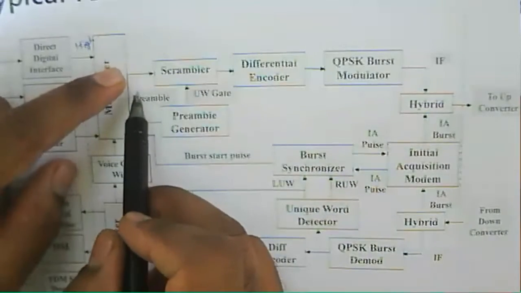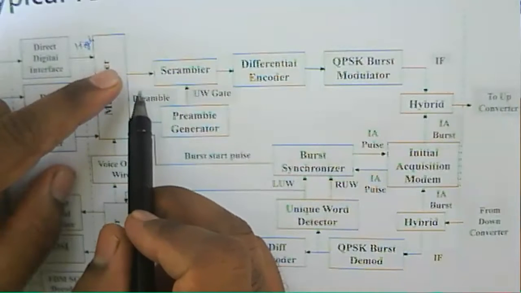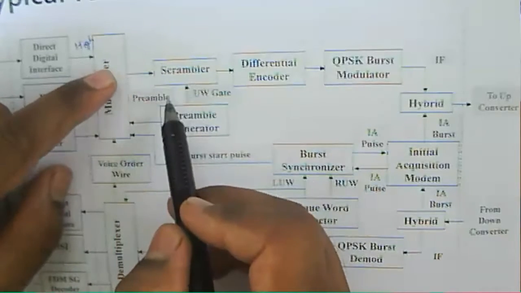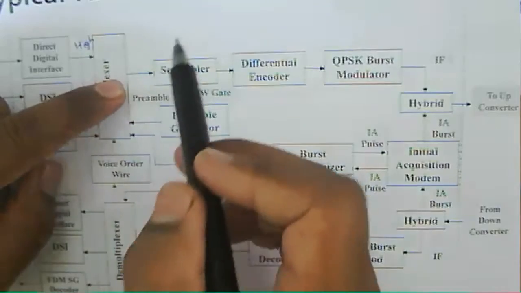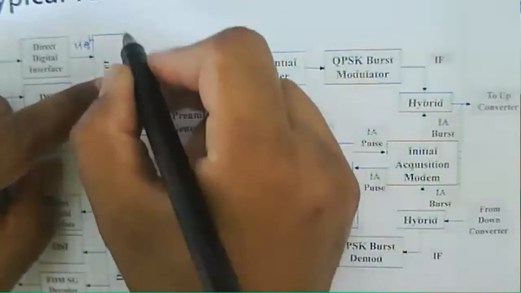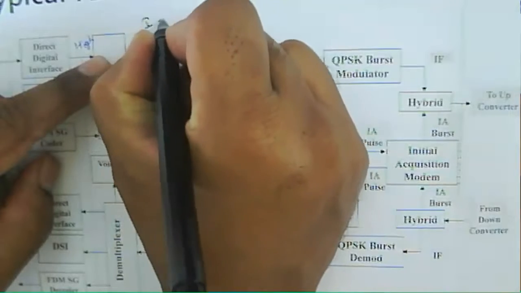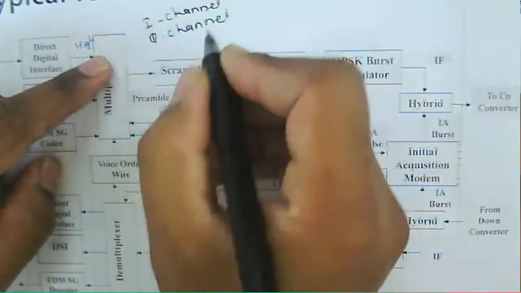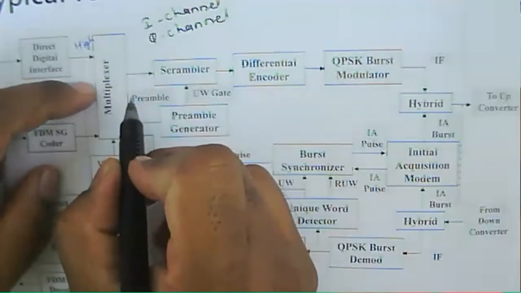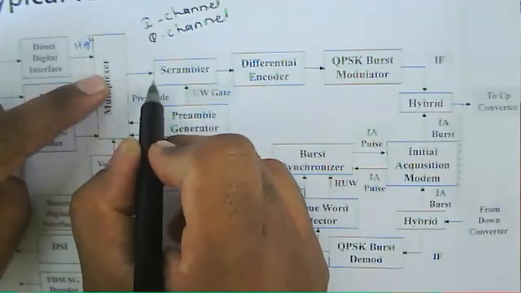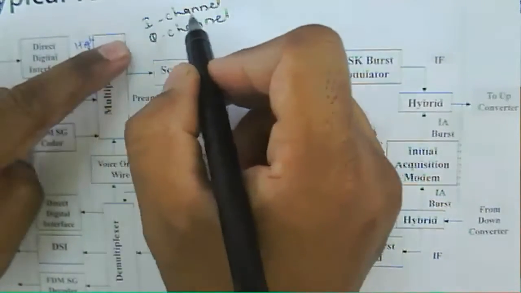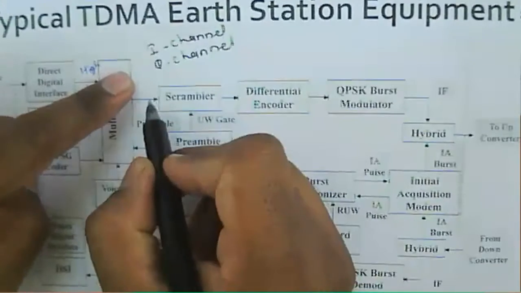The output symbols from this multiplexer are two parallel bit streams, and these two parallel bit streams are called the I channel and the Q channel.